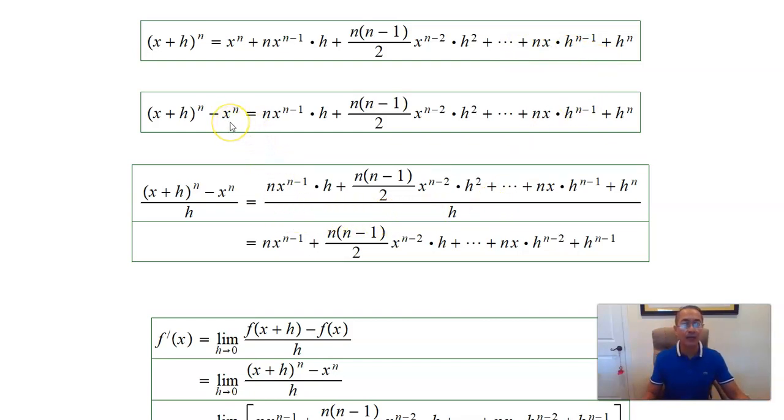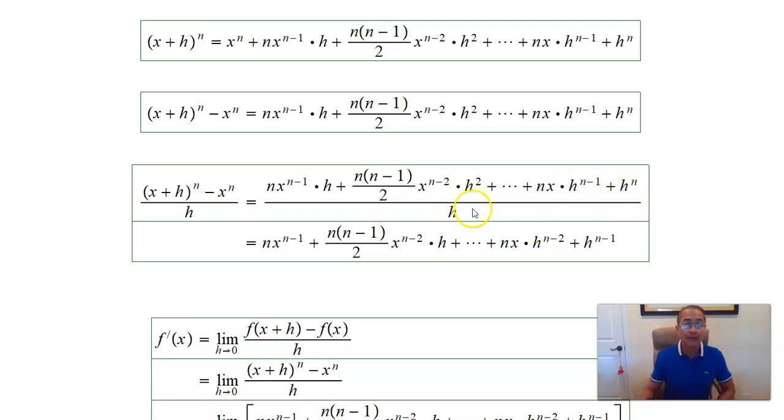Well, we need to subtract x to the n to make the derivative, which is showing up again down here. So that simply cancels the first term, the x to the n over there. And then we have to divide by h, okay? There's a power of h here, but h squared, h cubed, and so on, until h to the power n. All of those terms contain an h.